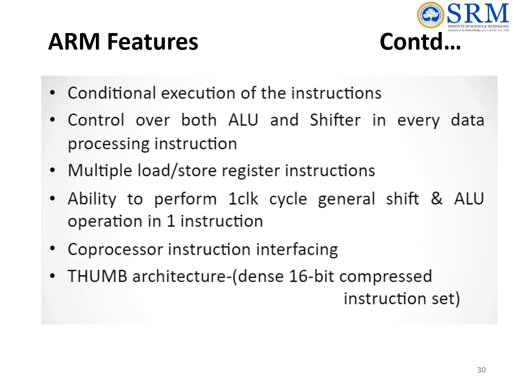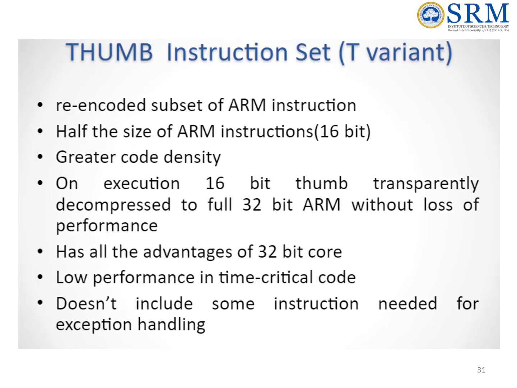Also conditional execution of instructions, control over both ALU and shifter in every data processing instruction, multiple load and store instructions, coprocessor instruction interfacing, and Thumb architecture, a 16-bit compressed instruction set architecture. These are some of the features.